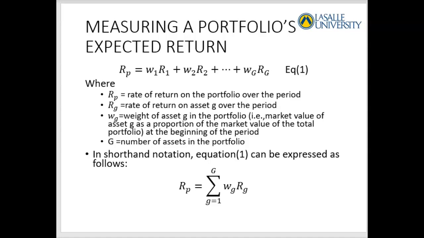So first, we're going to define a single period portfolio return, which means that we're assuming that we have a portfolio named P, and the return for that portfolio for any single period of time, that period of time could depend on how long of a time horizon you're looking at.